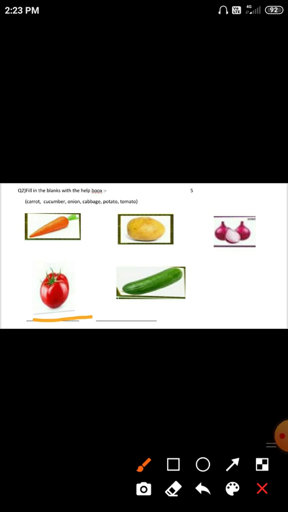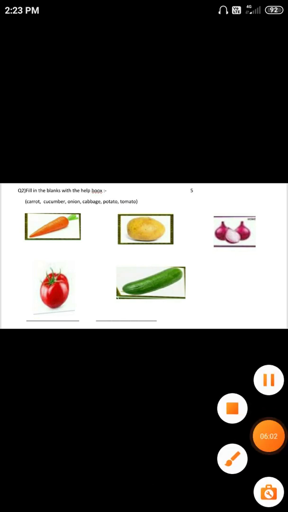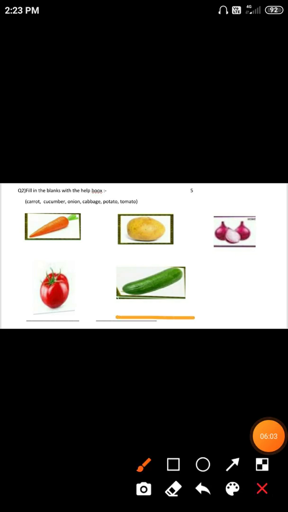Then next one, which vegetable is it? Tomato. So write it here, tomato. The tomato spelling is T-O-M-A-T-O, tomato. The next one, which vegetable is it? It's a cucumber. So write it here, cucumber.